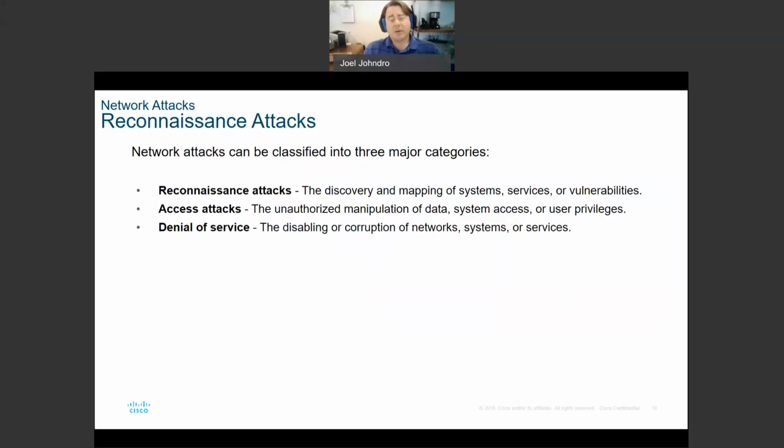So the threat actor connects to host A, say using SSH. And if host B is trusted by host A, then the threat actor can telnet into host B.